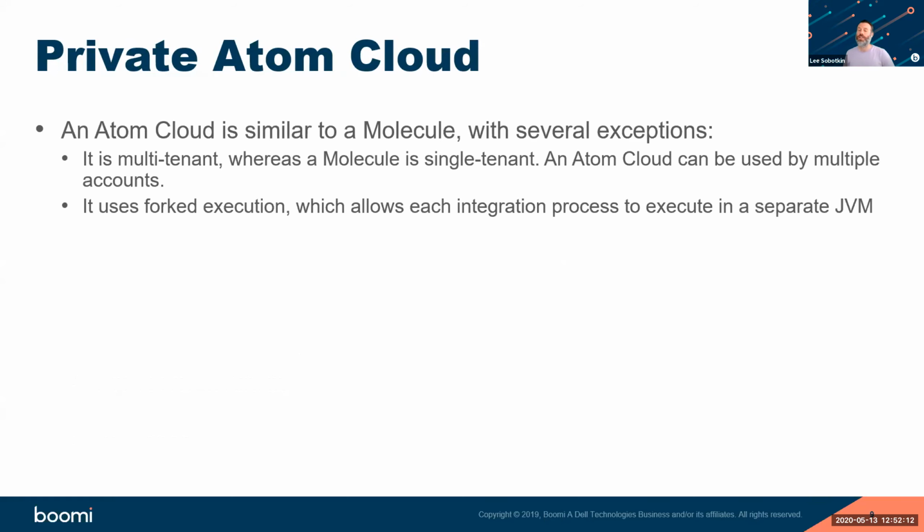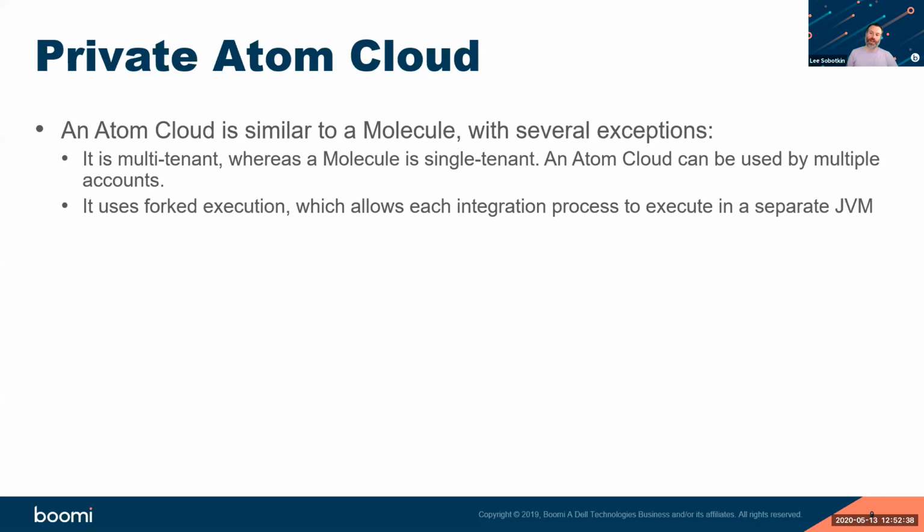So what does that mean? Architecturally and physically, the Atom cloud looks very similar to a molecule. You have multiple nodes, they're communicating through a file share. The only difference here with the Atom cloud is now I can share an Atom cloud resource across those multiple accounts.